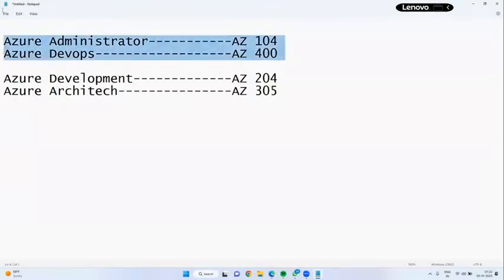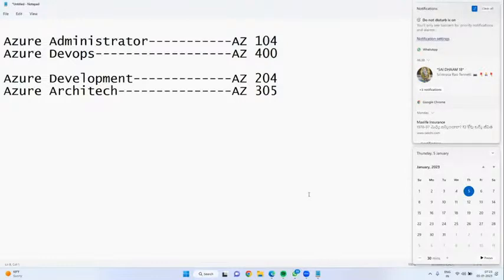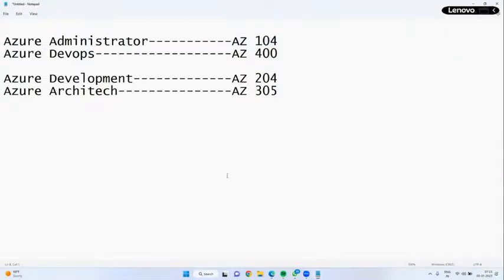I am going to teach you these 2 certification papers, Microsoft Azure Administration with DevOps. What topics I am going to cover, and what the subtopics are, we will present in the next session, in tomorrow's session. If you have any questions, feel free to ask me. I will be happy to help you.